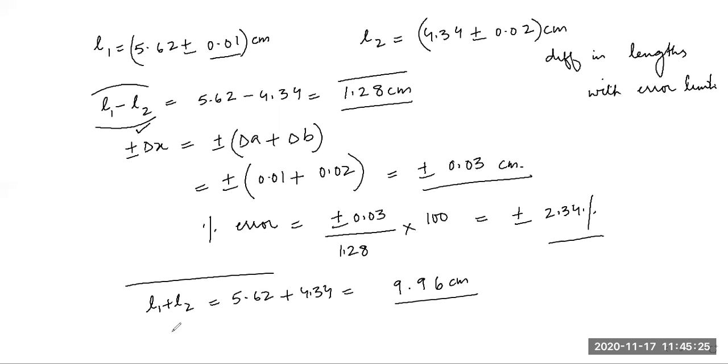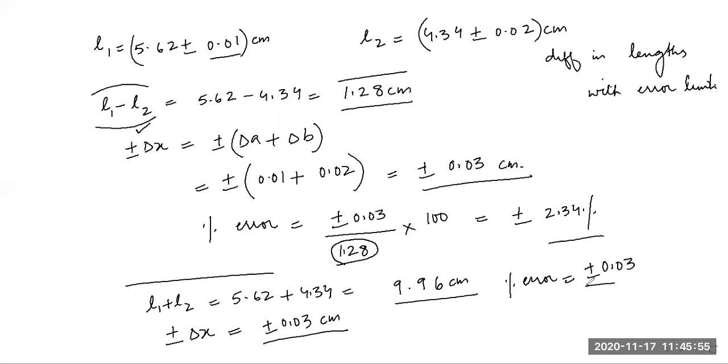Now, Ishma, can you tell what will be plus minus delta x, the resulting error, when we add these? It will be same as found in the difference. Plus minus 0.03 centimeter. But the percentage error will be different. Am I right? Why? Because here it was L1 minus L2 and now it will be, yes Ishma, can you tell?